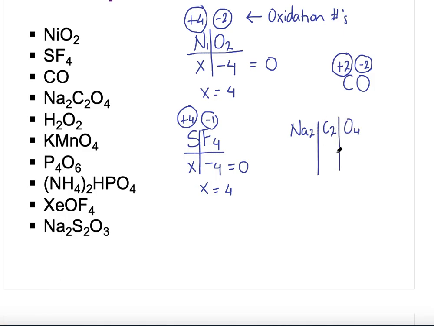And again, I'm going to break it into the components, each of the elements. This is a neutral compound, so the sum is going to add up to be equal to 0. I then can utilize my rule for oxygen, which said that oxygen is going to have a -2 oxidation number, but since I have 4 of them, I have to account for a total of -8. Then what other rule can I use? Well, I don't really have any rules for carbon, but I do have a rule for positive ions, cations, either by themselves or in the form of a compound, right?